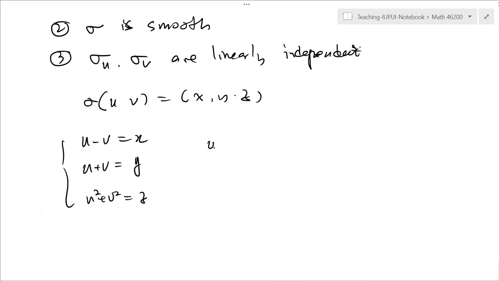So add them together, U equals (X plus Y) divided by 2, V equals (Y minus X) divided by 2, okay? So there's only one unique point.